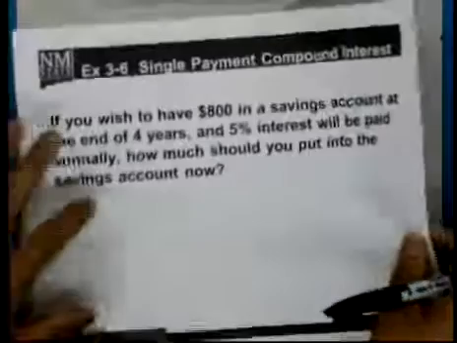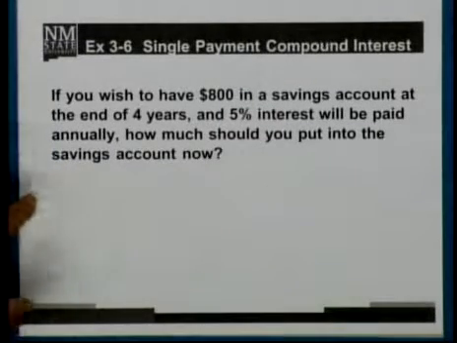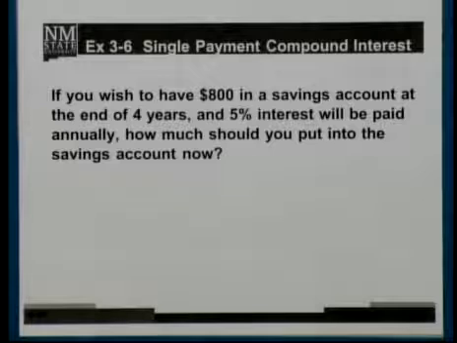How about example 3-6? If you wish to have $800 at the end of 4 years and a 5% interest rate will be paid annually, how much should you put into the savings account right now?